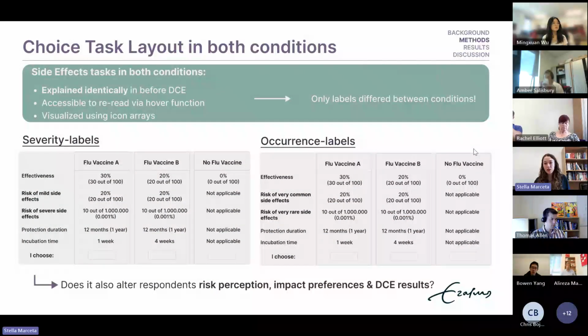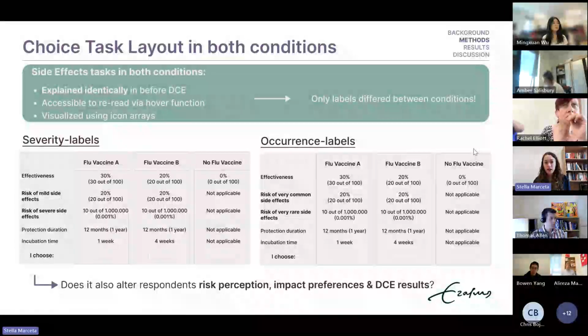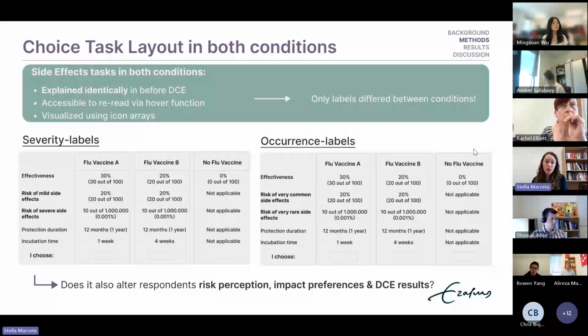So what we did is we took these two approaches and did a DCE in which we randomized people to receive exactly the same DCE, only changing these category labels. In both conditions, all the attributes and the side effects were explained identically before the DCE. People could, anytime during the DCE, use a hover function to reread the side effects.